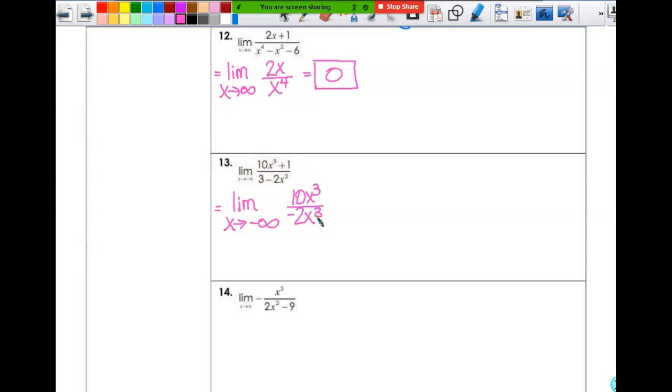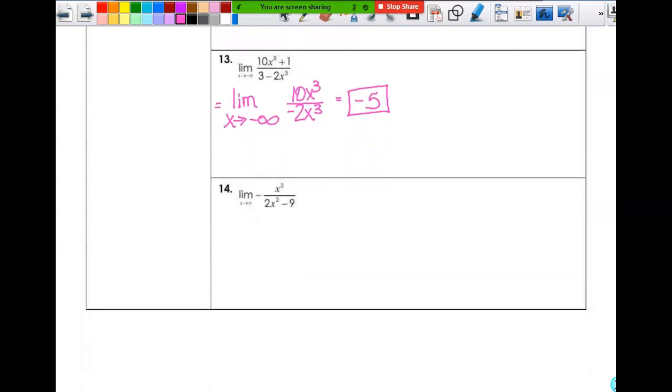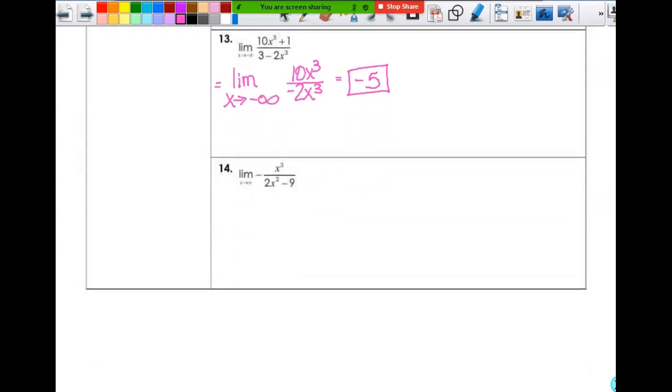So here I am tied in degree. So since I am tied in degree, I take the ratio of those leading coefficients, and my answer is negative 5. That's where my asymptote is. And that's what gives me my horizontal asymptote. That's what tells me about end behavior. Okay?